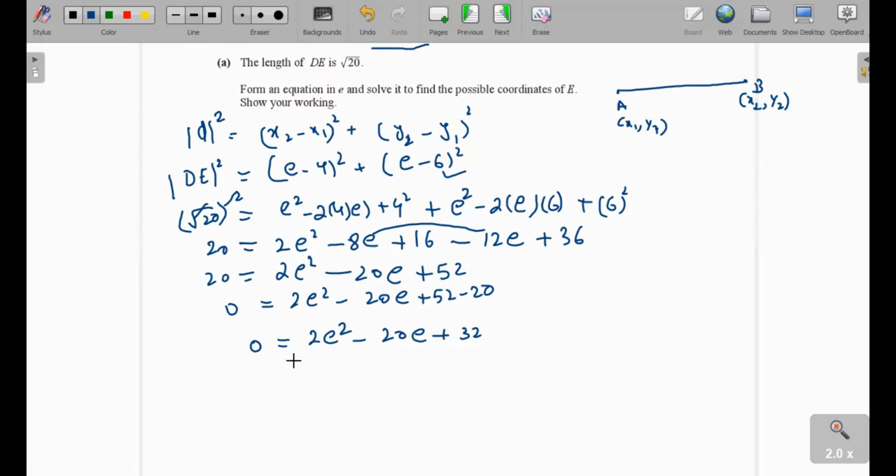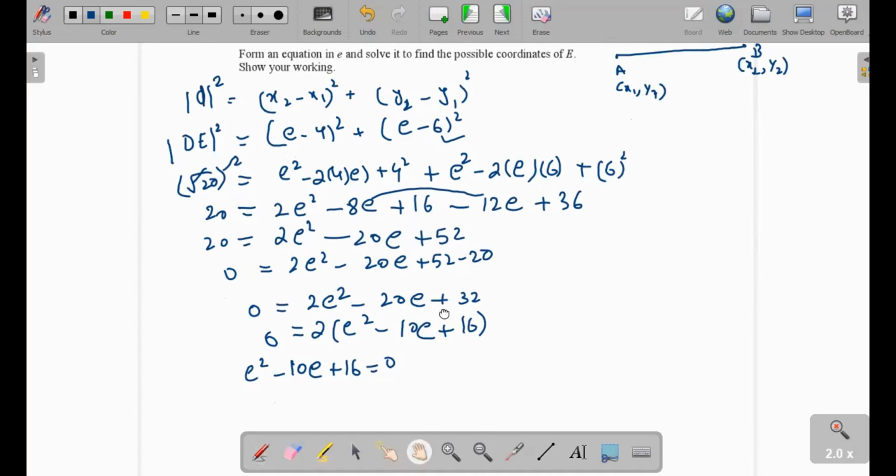Now we take 2 as a common factor. We get e squared minus 10e plus 16 equal to 0, since 0 over 2 is 0. Now we can write e squared minus 10e plus 16 equal to 0.